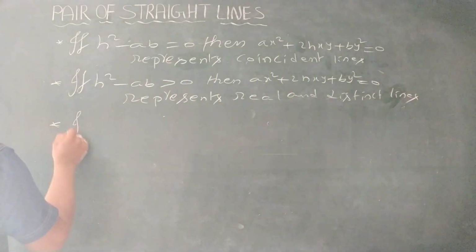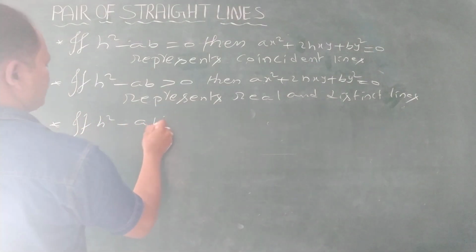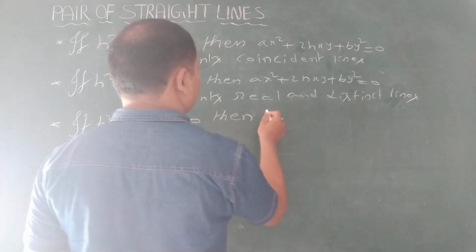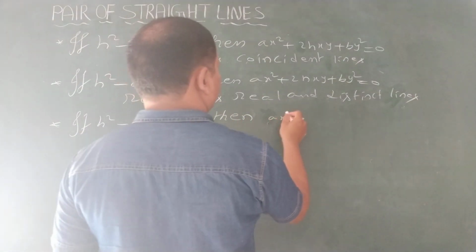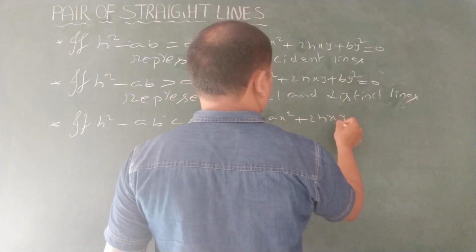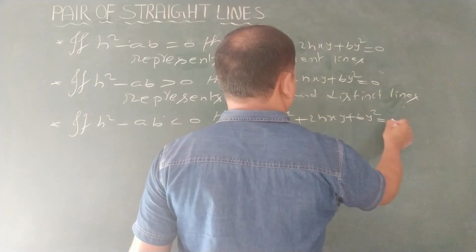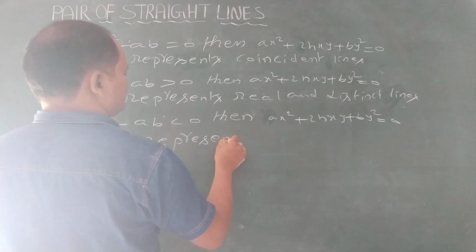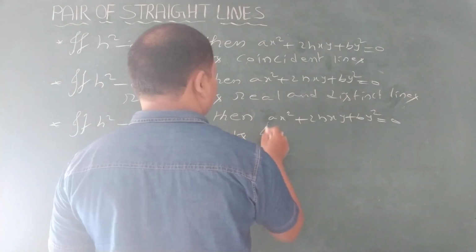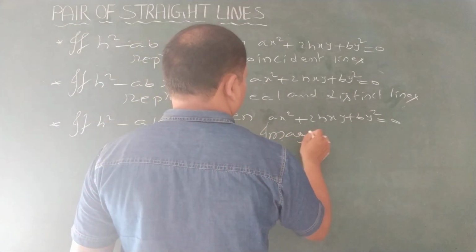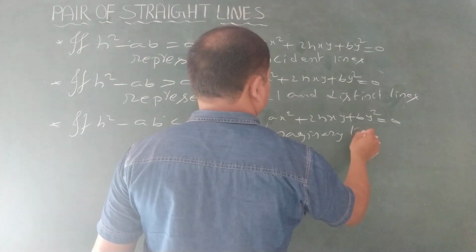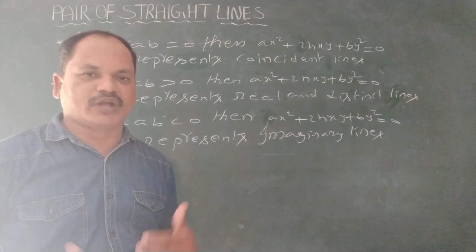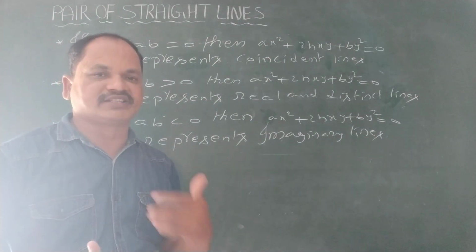Now, if h square minus ab less than 0, then ax square plus 2hxy plus by square is equal to 0 represents imaginary lines. That's all. So from this concept you have to do the questions which are mains level questions.